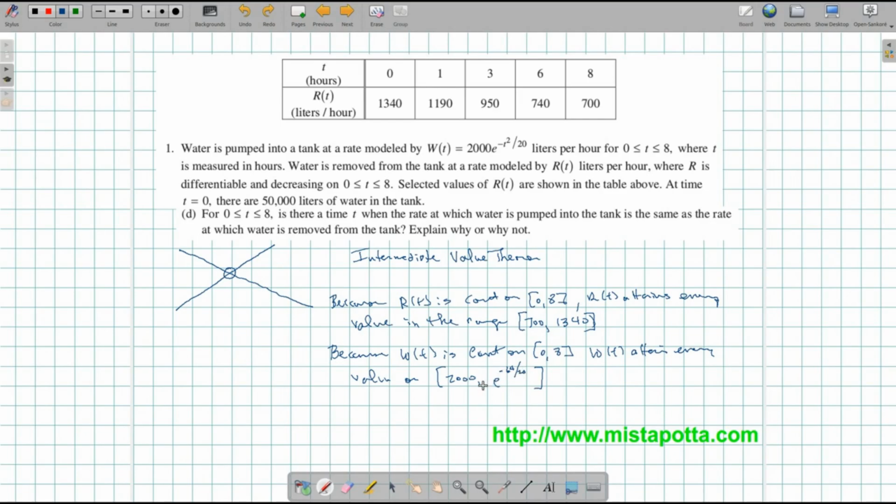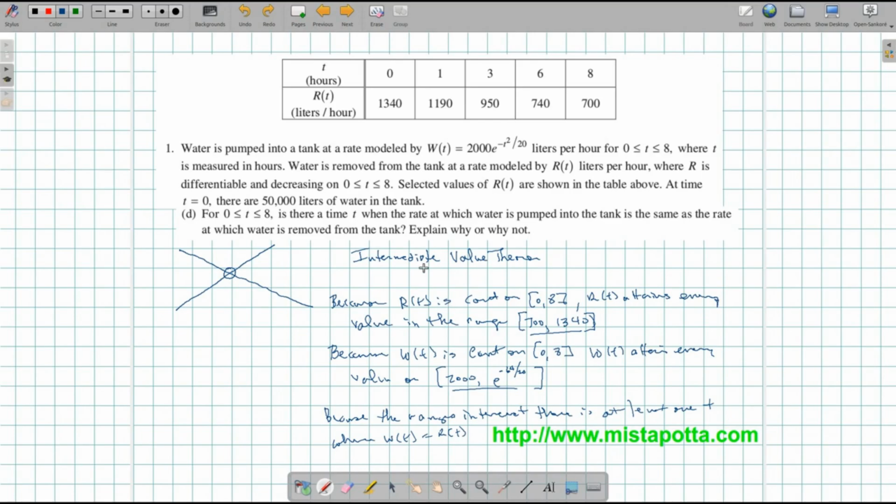But the idea here is that because we attain every value on this range and every value on this range, because the ranges intersect, there is at least one t where w of t equals r of t.